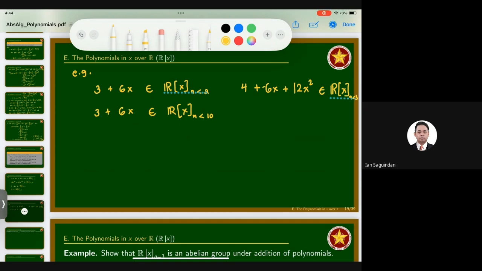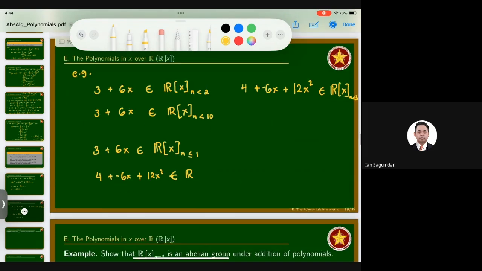Okay, now if you're going to fuse the first two definitions, we can say that 3 plus 6x is actually a polynomial of degree at most 1. Okay, 4 plus negative 6x plus 12x squared is a polynomial of degree at most 2.